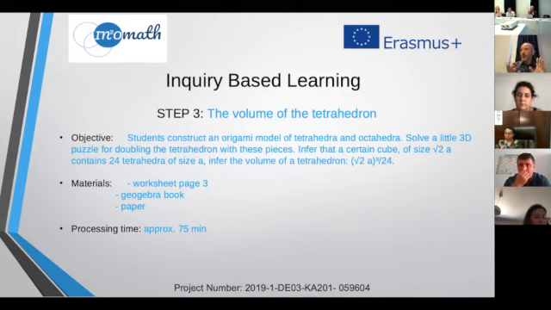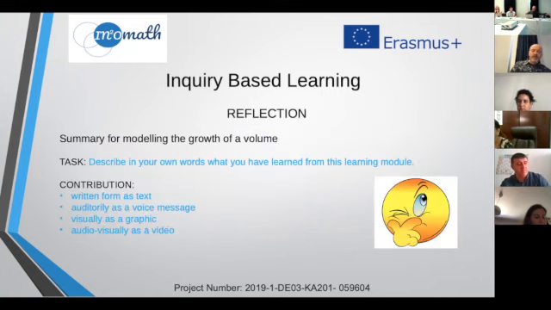They are all of the same volume. Hence, since the volume of the cube is the side to the cube, the volume of each tetrahedron is 1/24 of this.